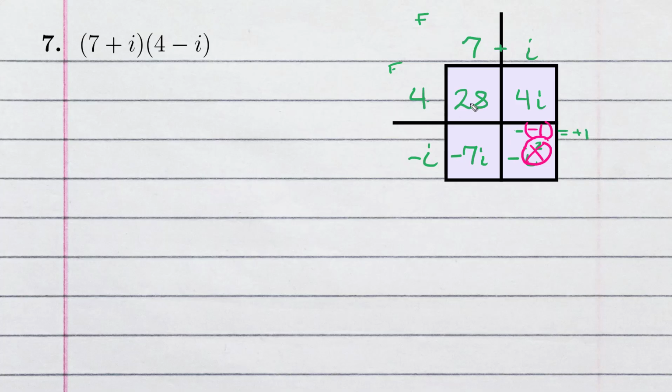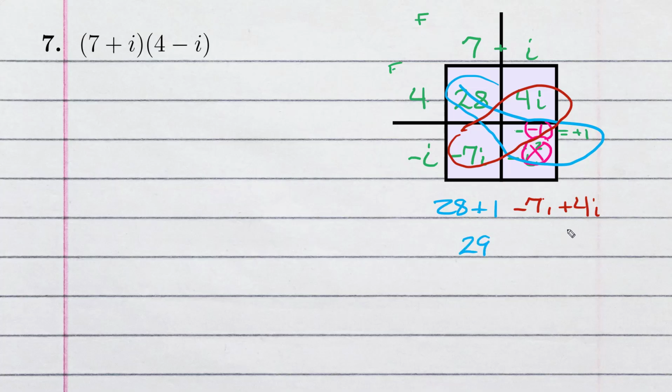And you're going to add the diagonals. Diagonals should always combine. So here we have 28 plus 1. And on our other diagonal, we have -7i plus 4i. And so for our real part, 28 plus 1 is 29.